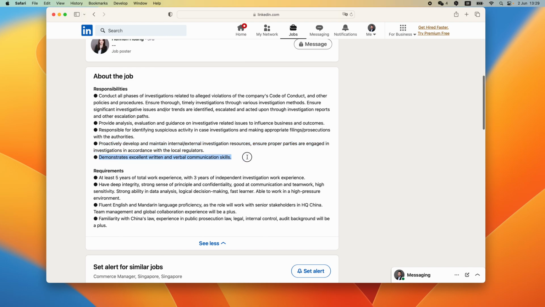Demonstrate excellent writing and verbal communication skill. Okay, this means you can have the ability to communicate with all of these people. For example, the programmer, the team leader, and the business and the lawyer, and maybe the authorities to deal with the alleged violations.